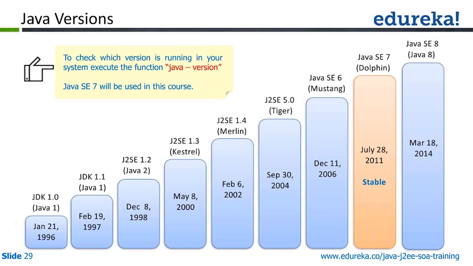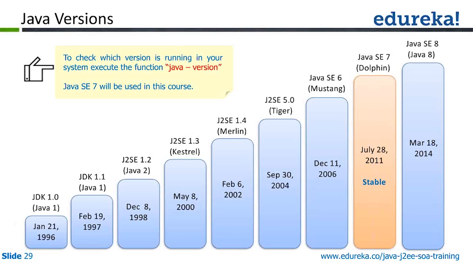As you can see, we've had regular releases of Java: 1996, 97, 98, and then 2000, and later a new release every year, then every 2 years, and now the releases come every 3 or 4 years.